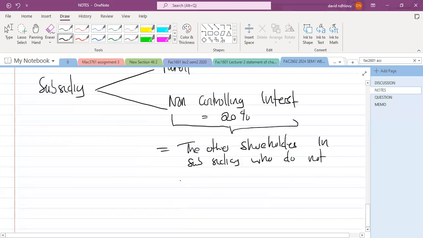Right, they are part and parcel of the subsidiary, but they do not control anything. The ability to control resides with the what? With the parent. So they are non-controlling interest. It can be one or more shareholders.